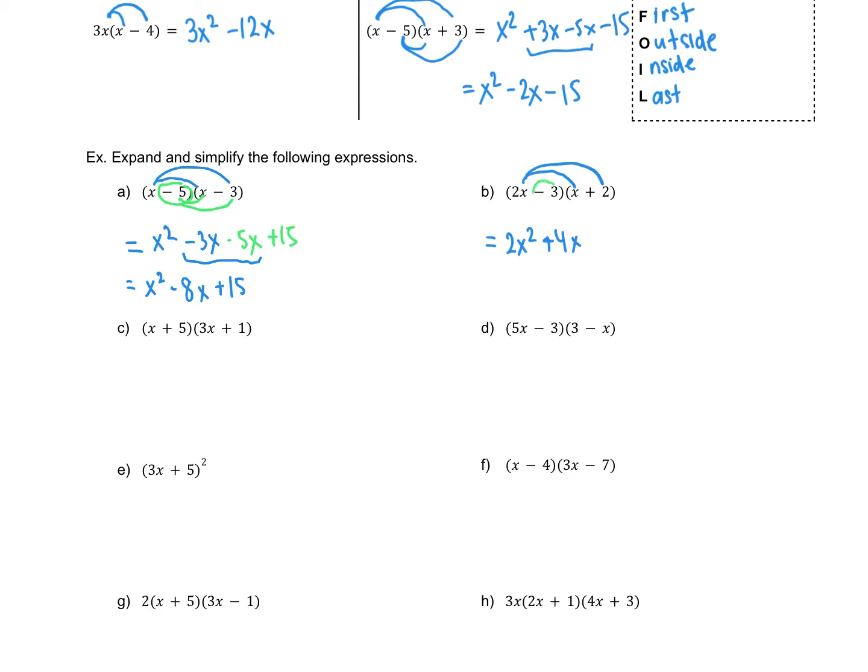Then we'll do negative 3 times x, which is negative 3x, and then negative 3 times 2, which is negative 6. And now we collect. So it does become quite repetitive. So when we collect, we're going to have positive 4x minus 3x, which is just a single x, which you can write as plus x or plus 1x, whatever you like, and then the minus 6 at the end.